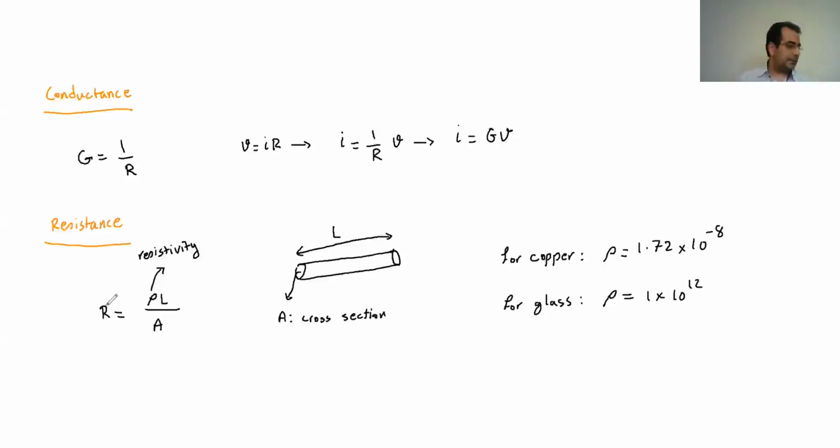And by the way, it's called Ohm's law, and the resistance itself is also measured in ohms. The unit of resistance is the ohm, shown with this sign, which is the Greek letter omega.